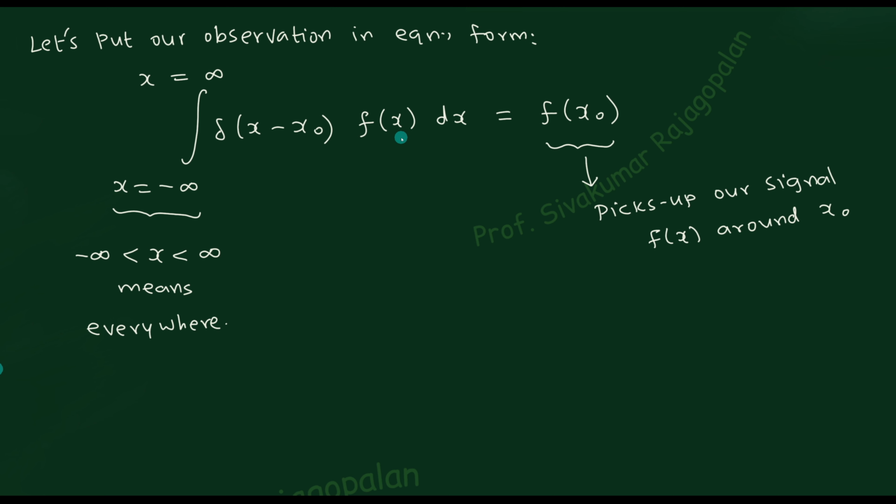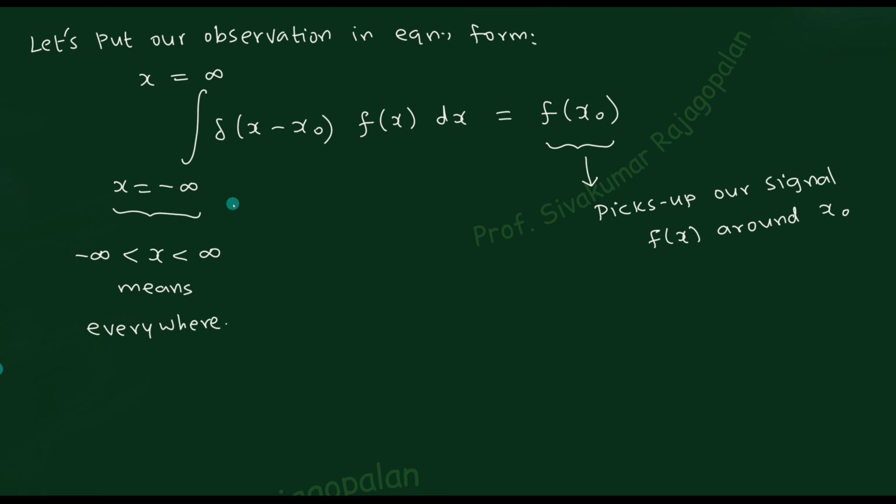F of x, with x from minus infinity to plus infinity, means the set of all data points. F of x naught means only that data point where the delta function is peaking. So now you understand the meaning of this. It picks up our signal, meaning that only those data points or that particular region will be selected.